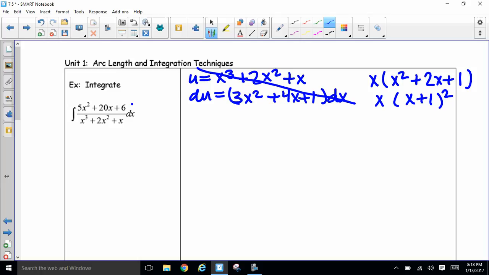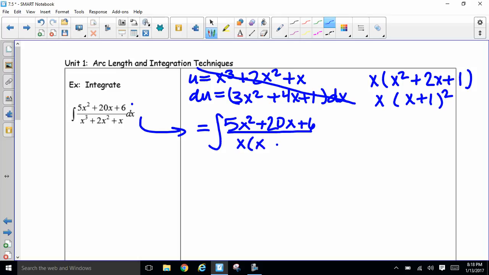So then I have turned this problem into the integral. The top is staying the same, 5x squared plus 20x plus 6. The denominator is now factored, x times (x plus 1) squared, dx.